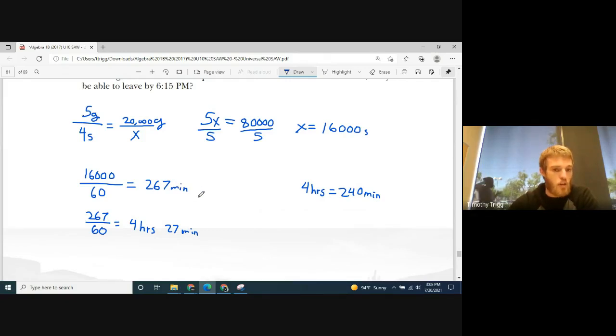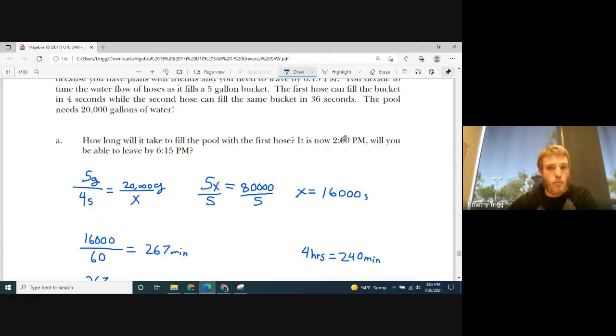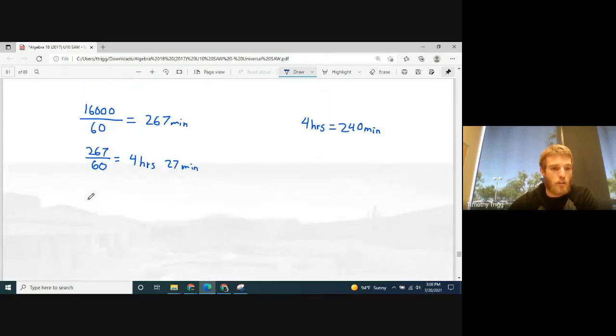Okay. So if we start at 2 p.m., and it takes 4 hours and 27 minutes to fill the pool, then what time will the pool fill up? Well, it'd be 4 hours and 27 minutes later.